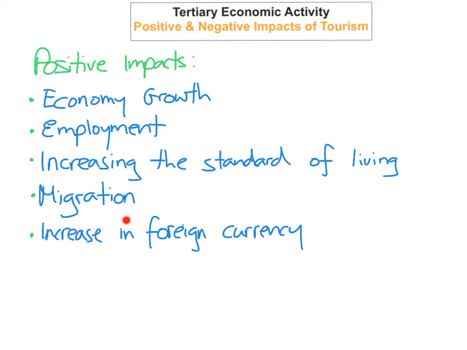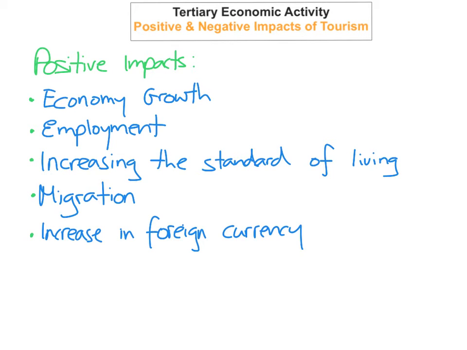People will spend the money there, and it will help their balance of payments, because they will have a lot more money staying within the country and not leaving the country, and this is better for the economy when there's more money coming into the country than going out. Okay, so there we go. There are 5 positive impacts of tourism.